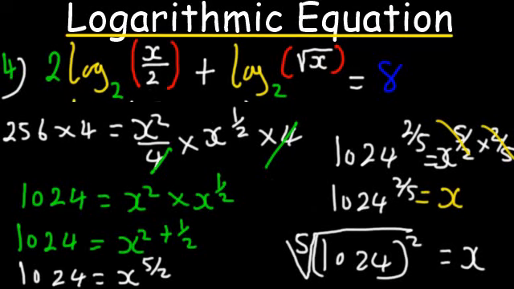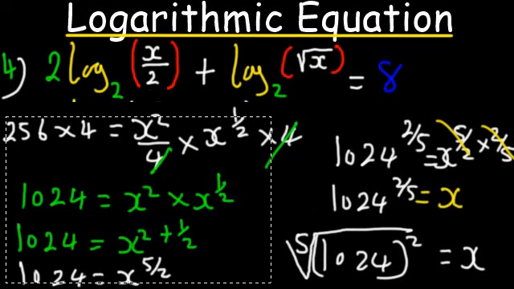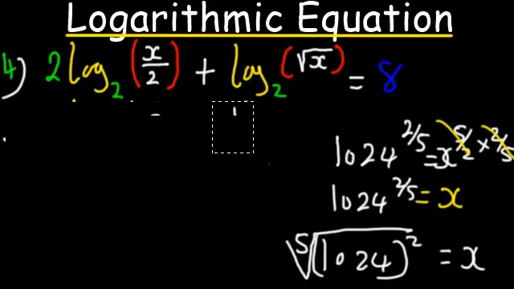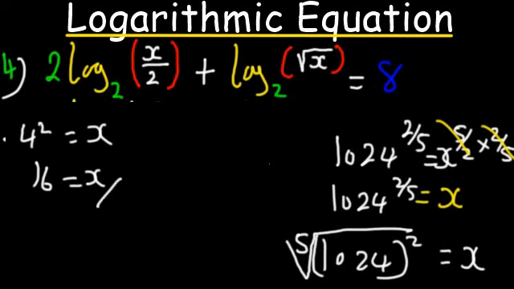So definitely our final answer in this case is 16. So we have 4 squared equals x, and 16 equals x, which is the final answer. And that is exactly how to provide the solution to this problem.